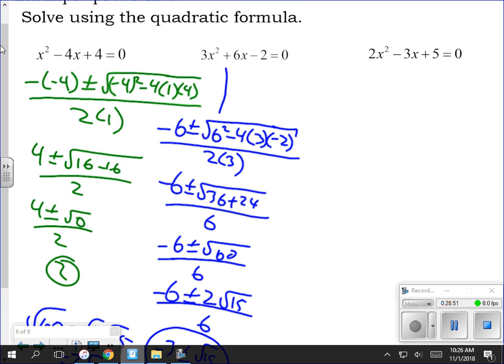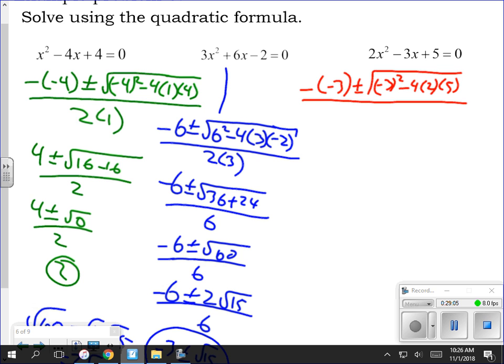And then we'll do this last example. So minus b plus or minus the square root of b squared minus 4 times a times c all over 2 times a. Just plug it in. Notice I say it as I'm plugging it in.